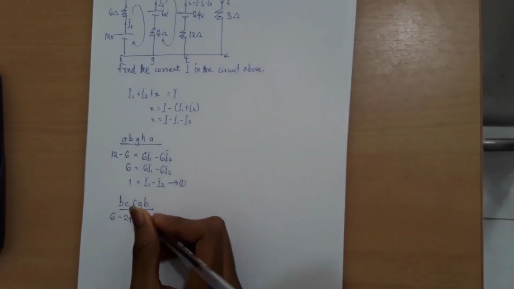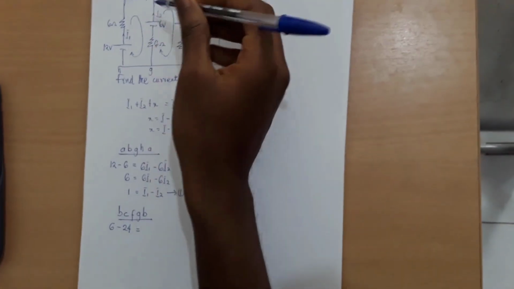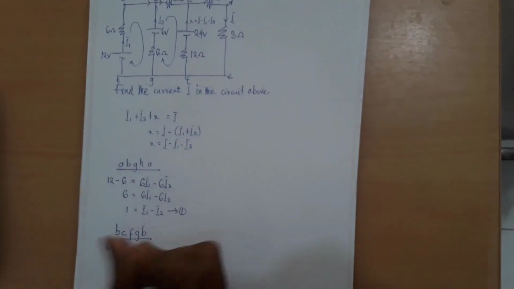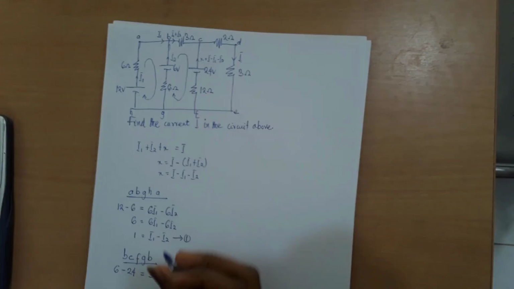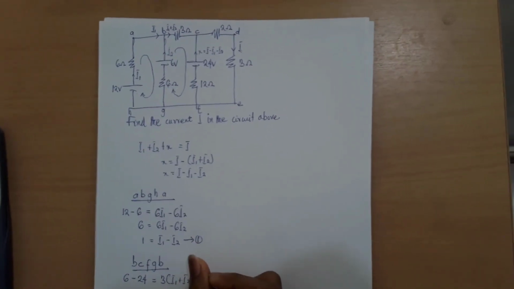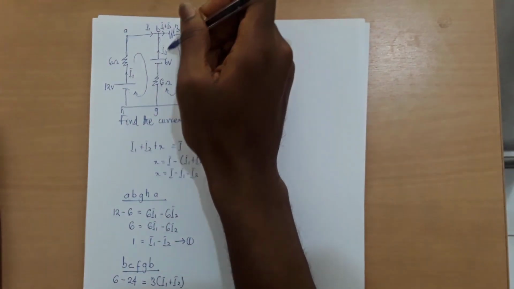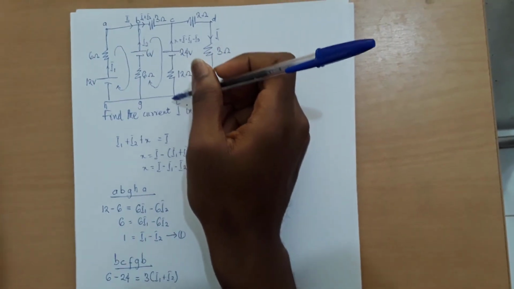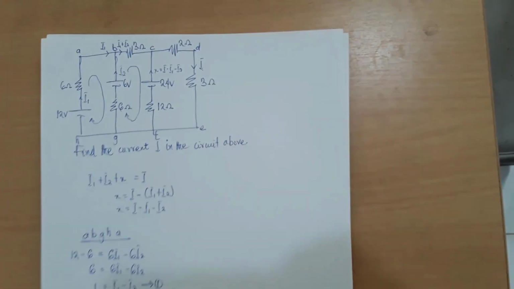So if 6 is our reference point, then we shall have minus 24 as the algebraic sum of our voltage sources, and equate that to our first voltage drop up here, which is 3 multiplying the sum of I1 and I2. And then now the direction of the loop is opposite the direction of current flow through the 12 ohm resistor.